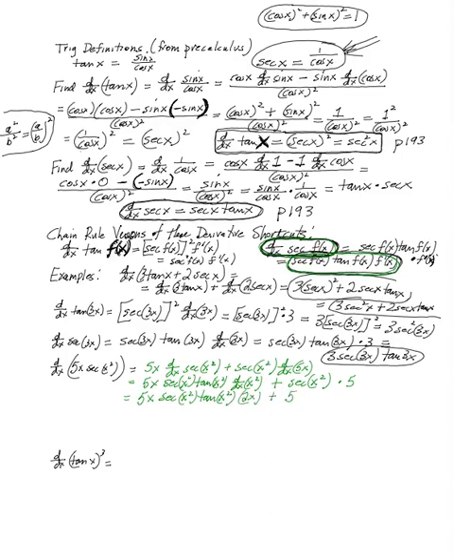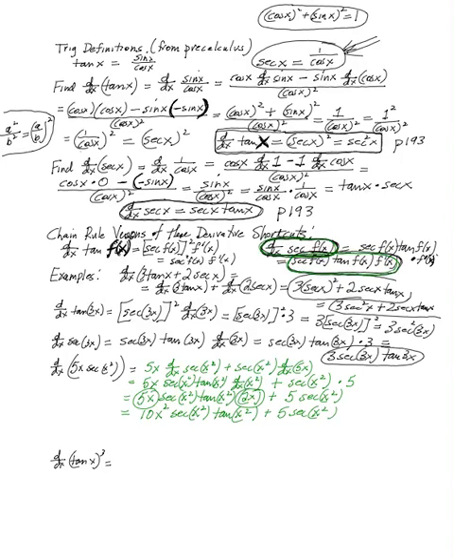I bring my 5 out front. Now I have 5x times 2x. That's 10x squared. Write down my secant x squared, tangent x squared. And this is my answer.